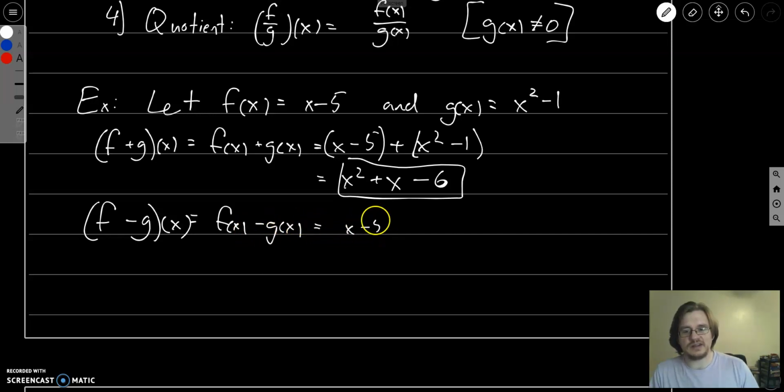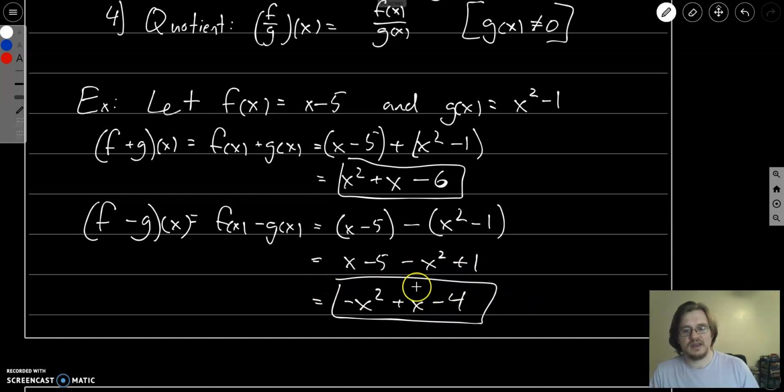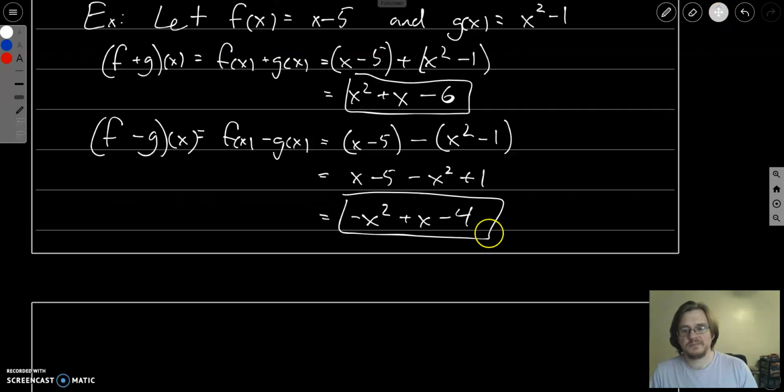This will be x minus 5 minus x squared minus 1. I'm going to distribute the negative sign first, just to make things easier. So this will be x minus 5 minus x squared minus minus 1 is plus 1. So ultimately we've got negative x squared plus x minus 4. So here's our brand new function.